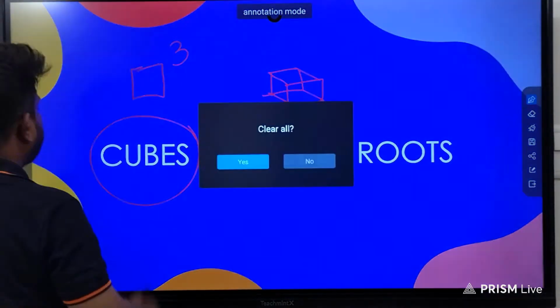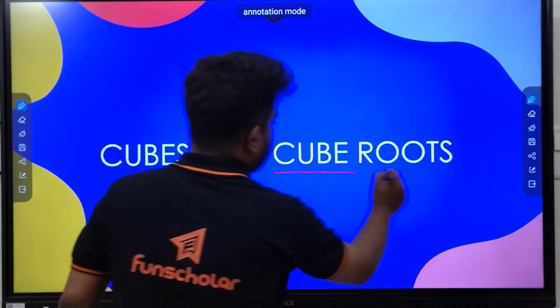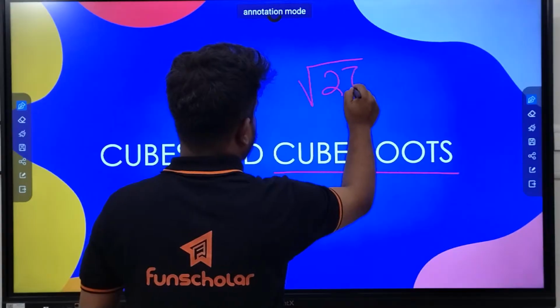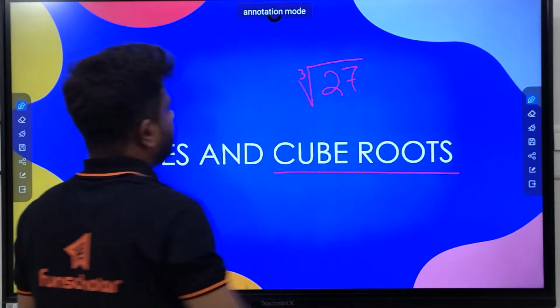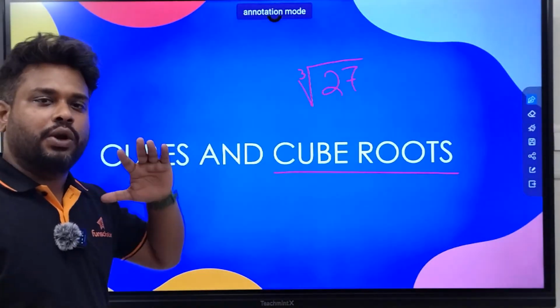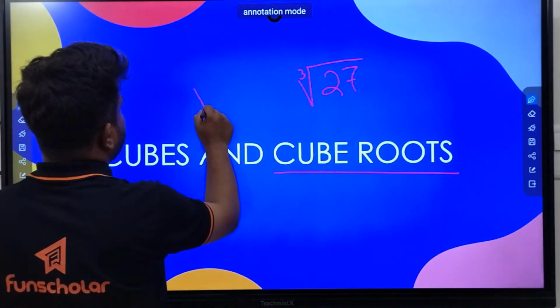Okay, and talking about cube roots, this will be an example of how the cube root looks like.